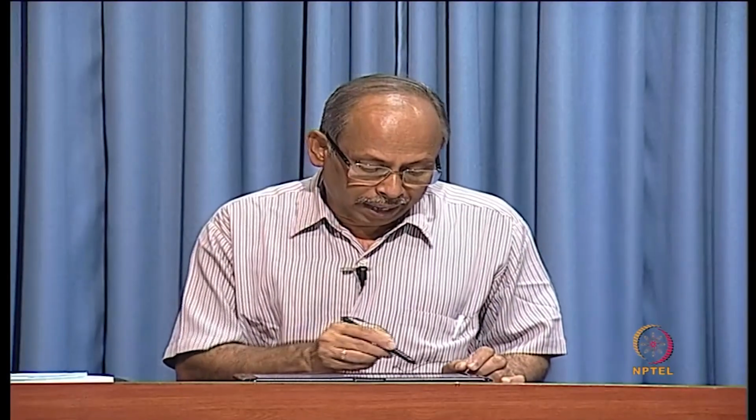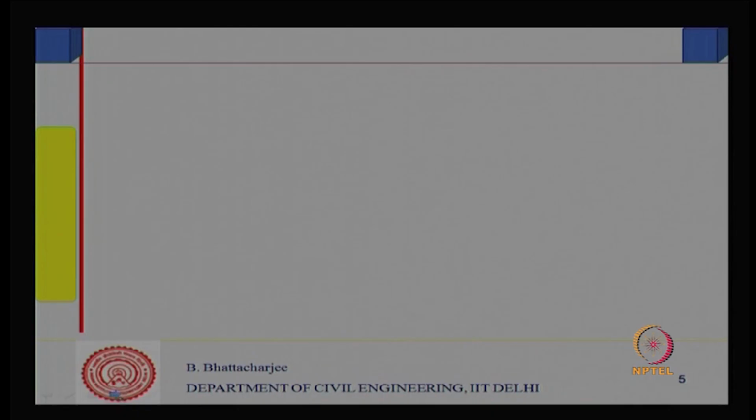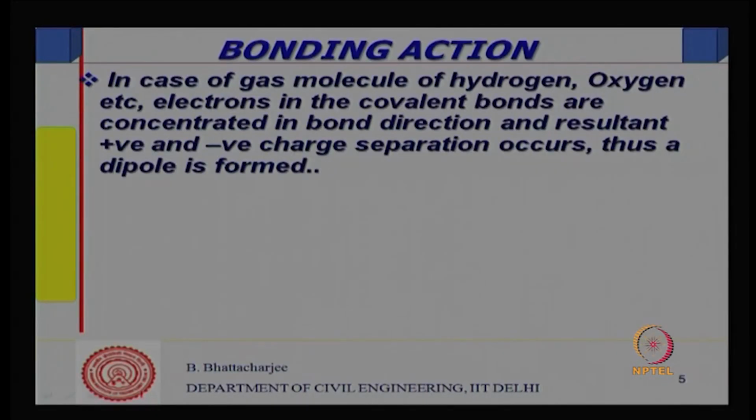In many covalent molecules, the outer shell electrons are shared, and therefore, the centers of positive and negative charges may not coincide, forming a dipole, and this may result in bonding forces between molecules. And these are the forces which are responsible. Similar forces are responsible for bonding gel to gel.